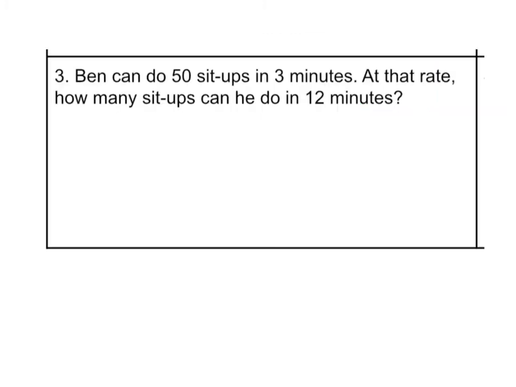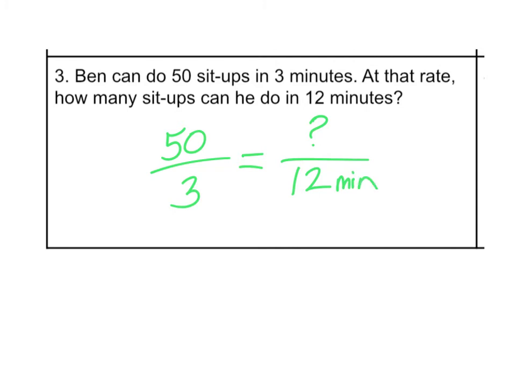Ben can do 50 sit-ups in 3 minutes. At that rate, how many sit-ups can he do in 12 minutes? So we're going to do our ratio 50 sit-ups in 3 minutes, and we're going to write an equivalent ratio to figure out how many sit-ups he can do in 12 minutes. So I'm going to think in terms of multiplication on this one. So 3 times 4 gets me to 12 minutes.